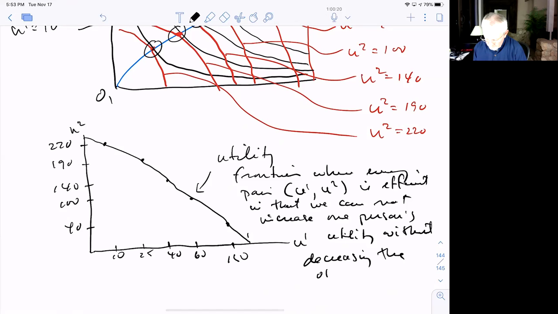So these are all the pairs of Pareto efficient utilities.